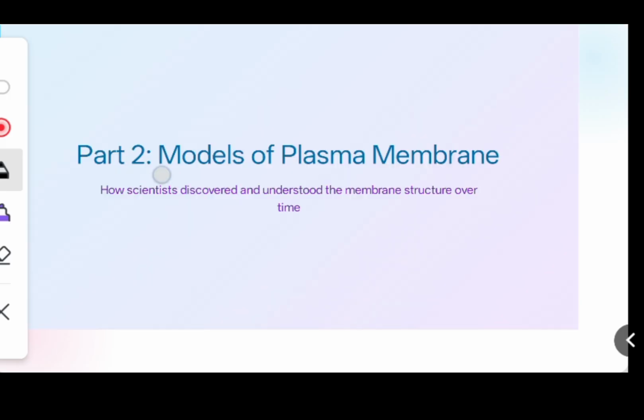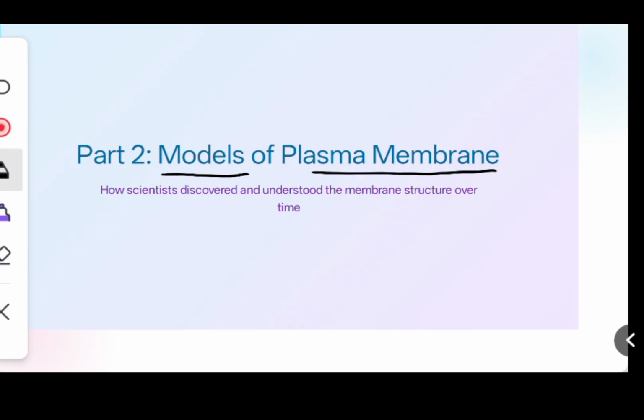Models of the plasma membrane means all the models which explain the structure of the plasma membrane. There are several models explaining the plasma membrane.